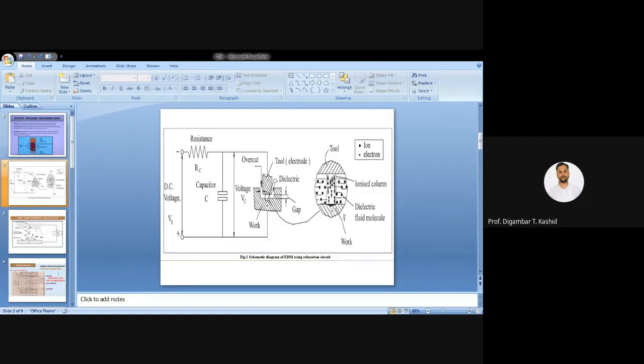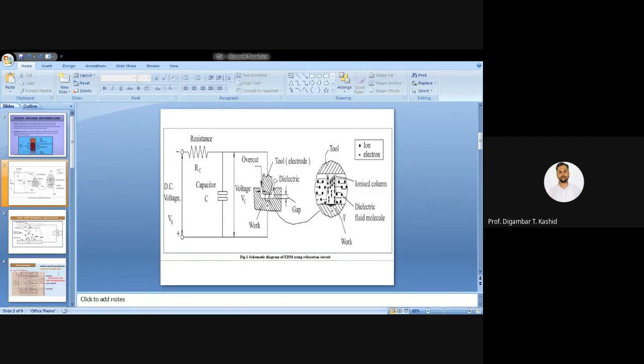So when you apply the DC power voltage, this capacitor will charge, and after that this capacitor discharges.